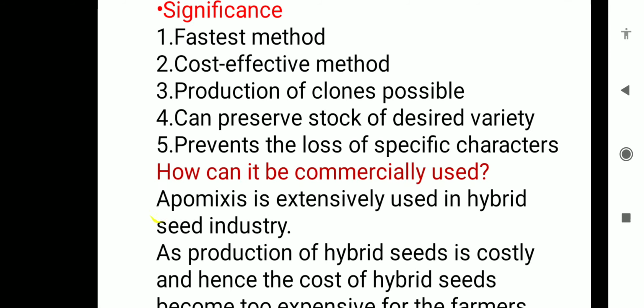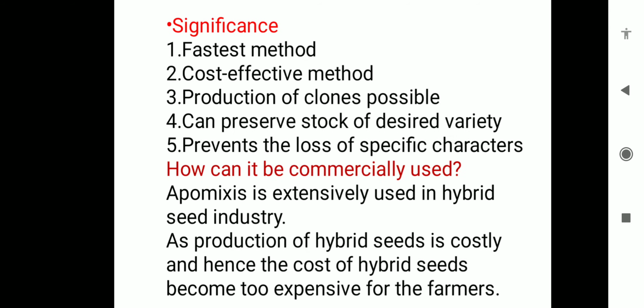Then what is the significance? I have tried to explain it well, in very small points. First, it is the fastest method, a cost effective method, production of clones is possible, it can preserve stock of the desired variety, and it prevents the loss of specific characters, that is, no segregation of characters. How can it be commercially used?